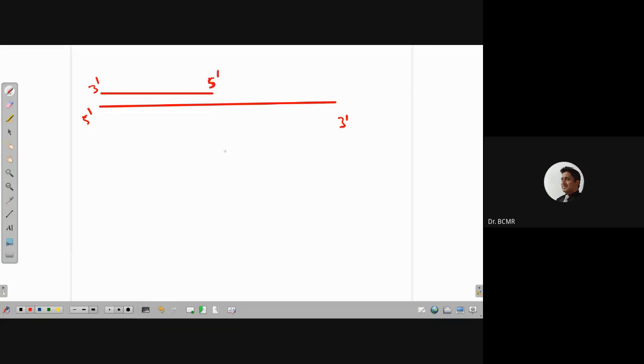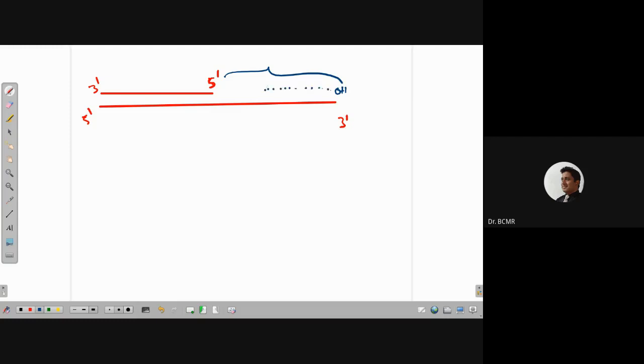And here is the gap that needs to be filled. Assume this is the whole gap that needs to be filled. I'll just put it in this bracket like this. And why can't DNA polymerase fill that gap? Because if it has to fill it, there should be a 3' OH here. Only then it can fill up like this.